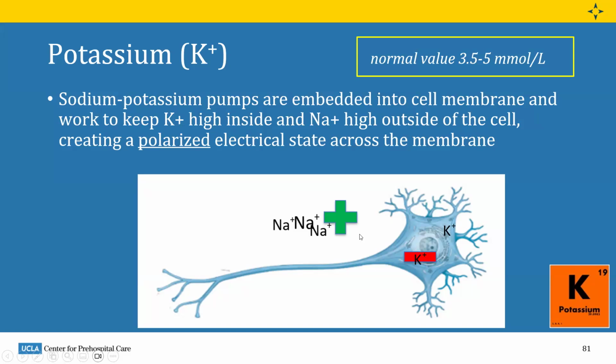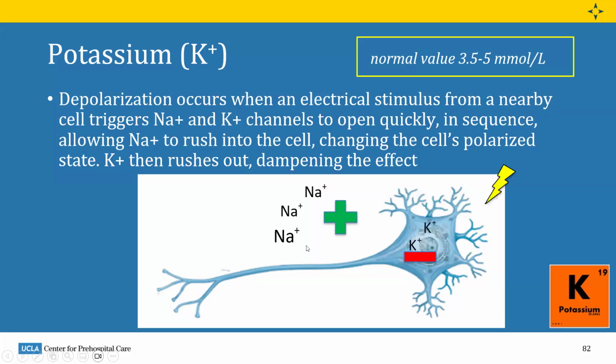So it's not as huge of a change when we pump sodium out and we will take potassium back in. We will still create a more positive charge outside the cell than inside the cell. Okay, so potassium is super important for creating that electrochemical gradient as well.